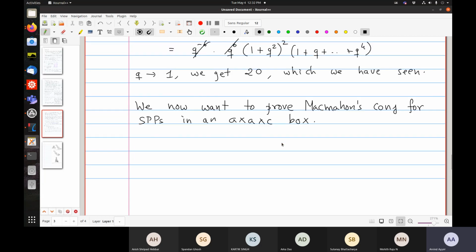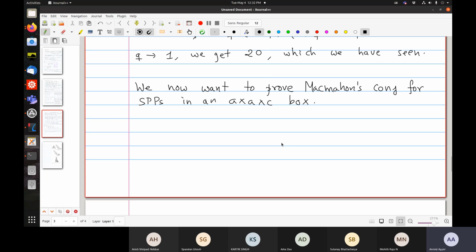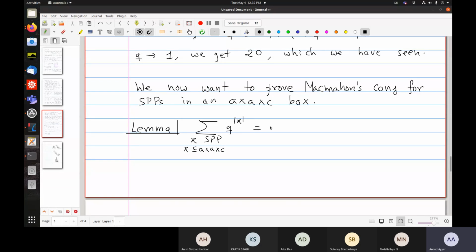We'll need 2 lemmas. The first expresses things in terms of symmetric functions, or rather Schur functions. So let me state the lemma. The sum over SPP pi inside a by b by c of q to the mod pi, this is what we want.